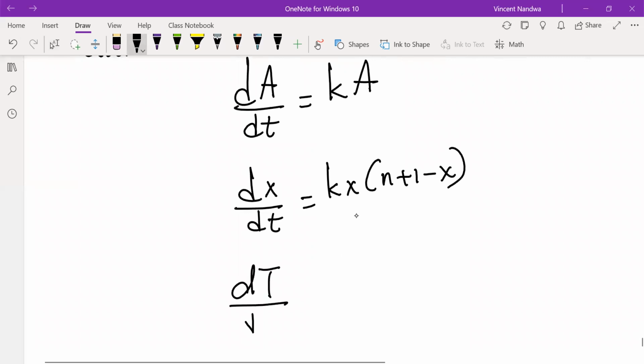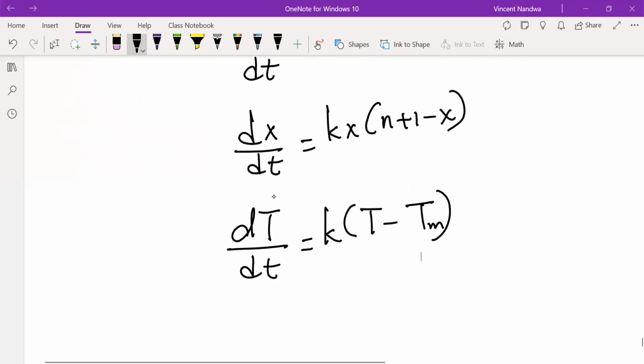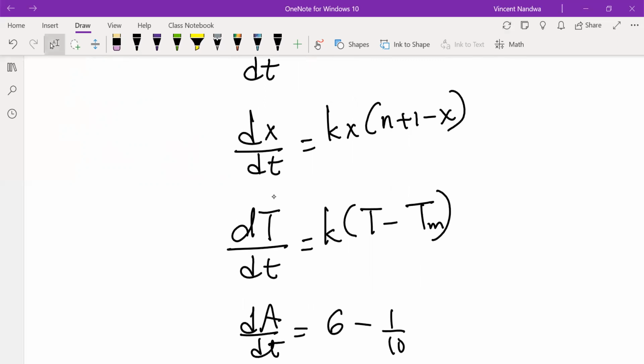Say dT/dt equals k(T minus Tm), this is Newton's law of cooling. If we have dA/dt equals 6 minus A over 100, all these are examples of autonomous differential equations.